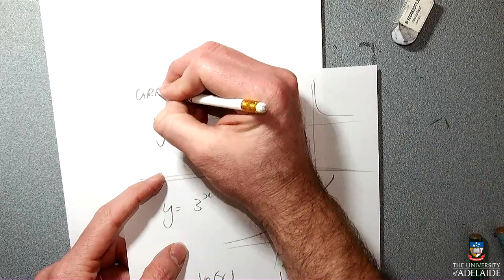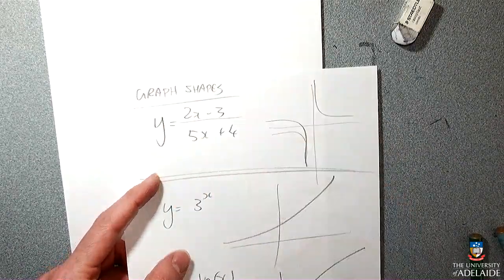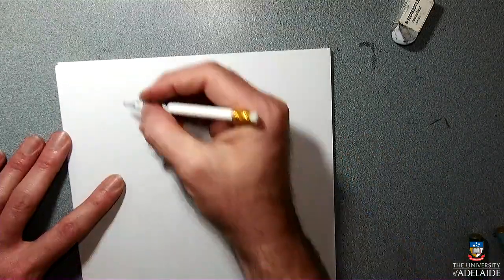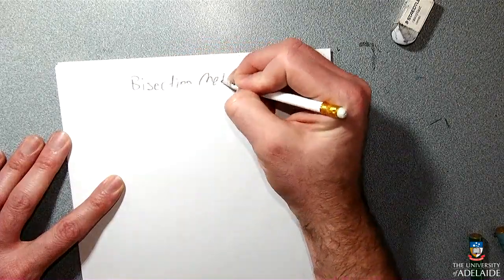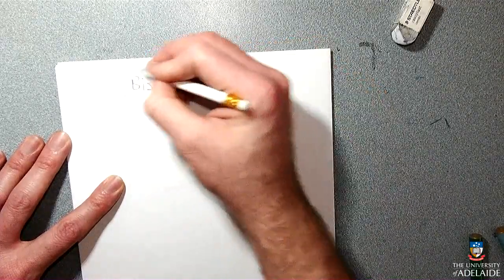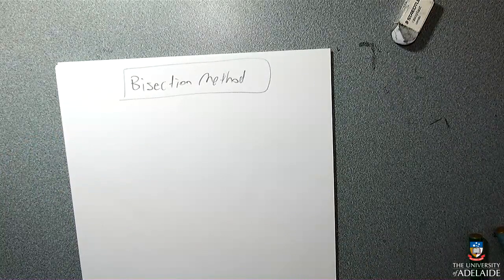Okay, so bisection method. The bisection method is a way of figuring out approximately a solution to an equation without having to actually solve it like we were doing there.